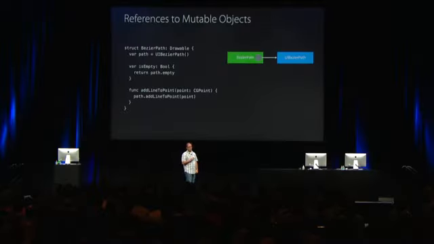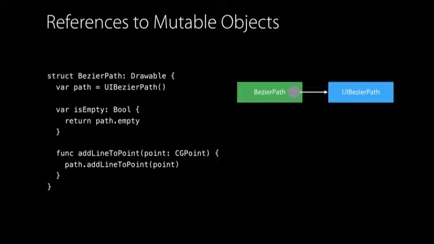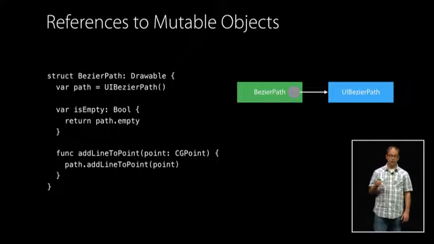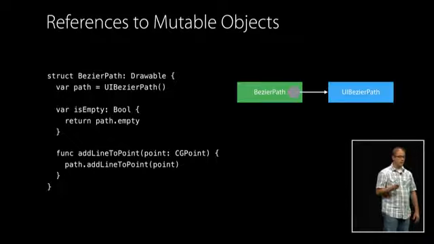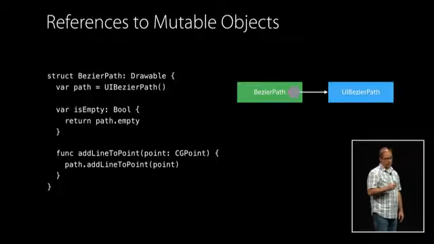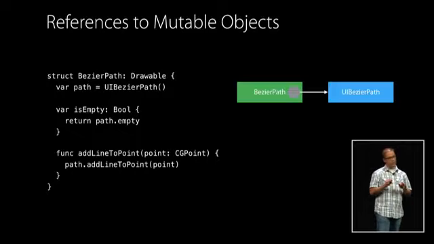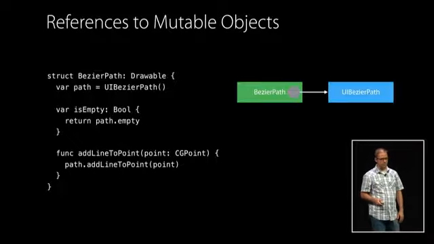So next up, let's talk about using mutable objects. We have a Bezier path here. It also implements drawable. But its entire implementation is made up by this mutable reference type, UIBezierPath. In the read-only case, when we're doing isEmpty, everything is okay. We're not doing any mutations, so we're not going to mess any other instances up.